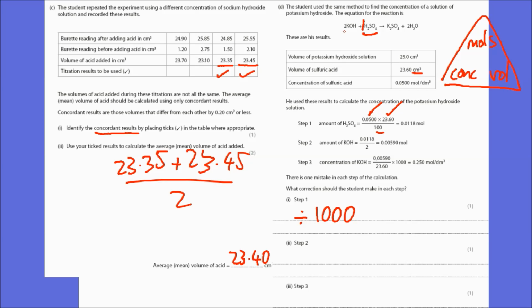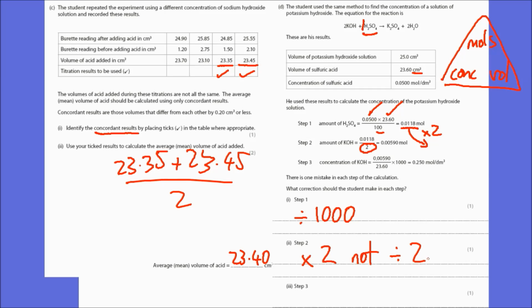So we don't have 1 mole, we have this many moles. So we'd expect to double it to get our moles of potassium hydroxide. The candidate hasn't doubled it, they've divided it by 2. So in step 2, you need to times by 2, not divide by 2.